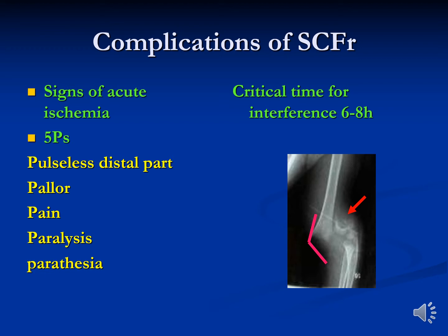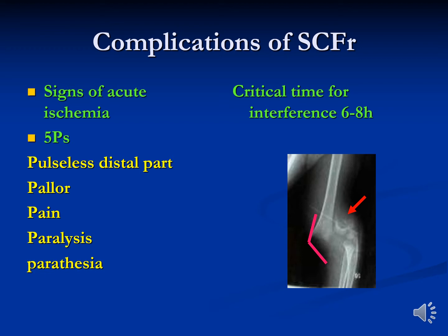How can you differentiate between the fracture pain and ischemic pain? Fracture pain is relieved by immobilization and proper analgesia, while vascular pain is severe, intolerable pain, not relieved by ordinary analgesia and not relieved by splinting of the limb, and also associated with other manifestations of ischemia.